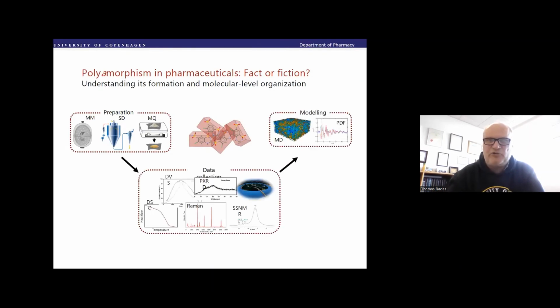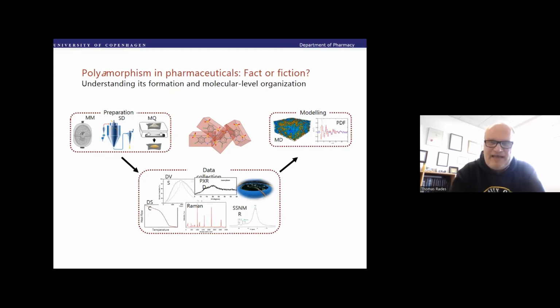And I just want to show you here the conceptual approach that we're taking. We are making the material amorphous in different forms. We are then throwing quite a bit of techniques, and I come back to one of them in particular, at the material in order to determine similarities and differences on different levels of these two materials.